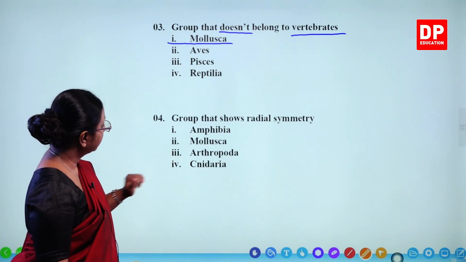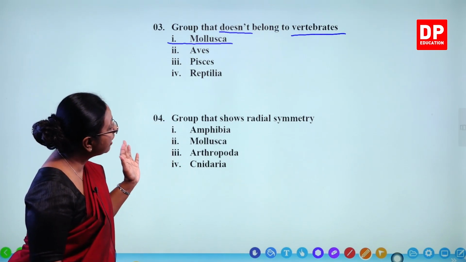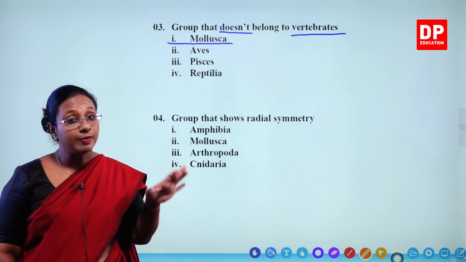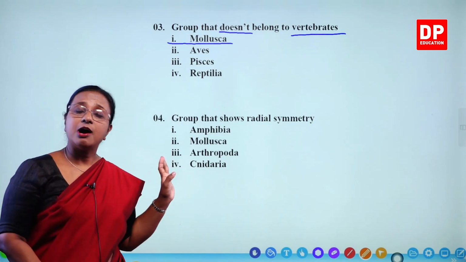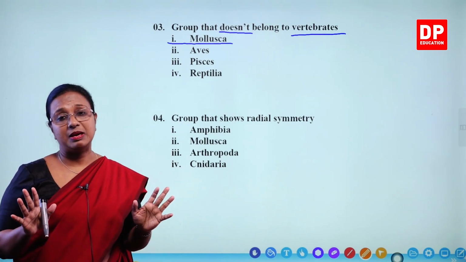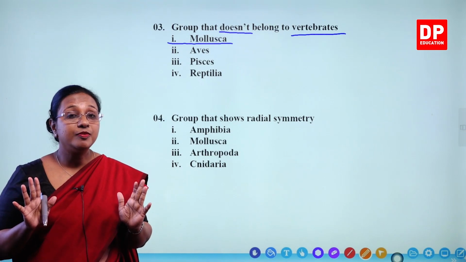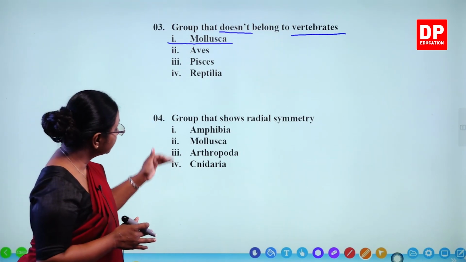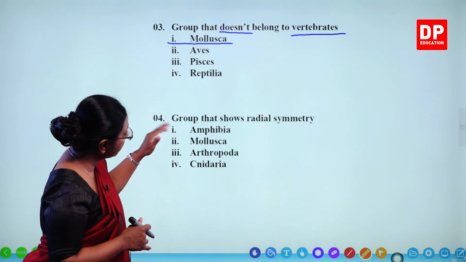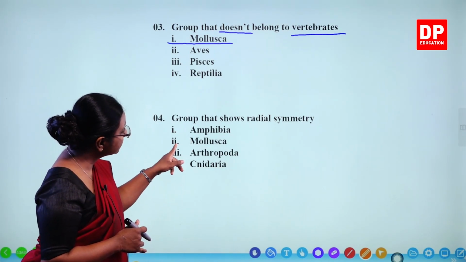Then the next one, group that shows radial symmetry. You know what radial symmetry is? There are many axes of symmetry. And out of all the groups, you can remember, what is the group with radial symmetry? Group Cnidaria. So, let's look at the answers. Amphibia? No. Mollusca?